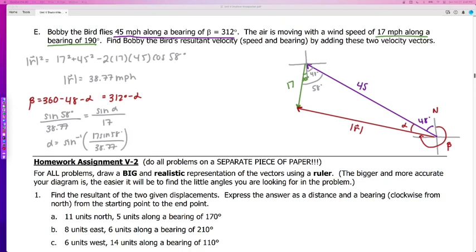But I'm using the stored values in my calculator, okay, and alpha is going to give us something like 21.83 degrees. That is not our bearing. Remember that our bearing is 312 minus that. Our bearing is actually 290.17.